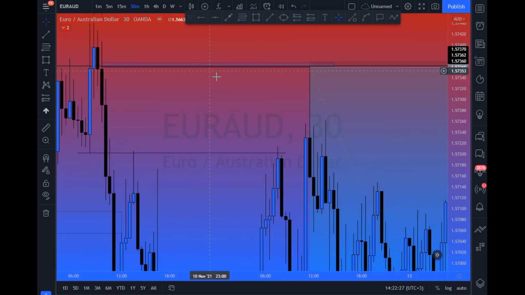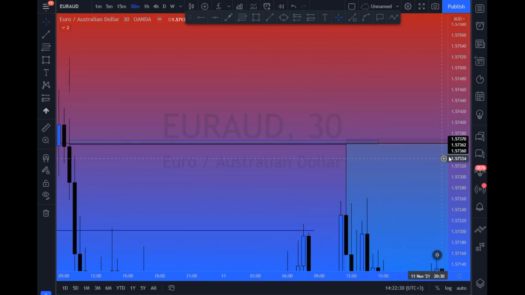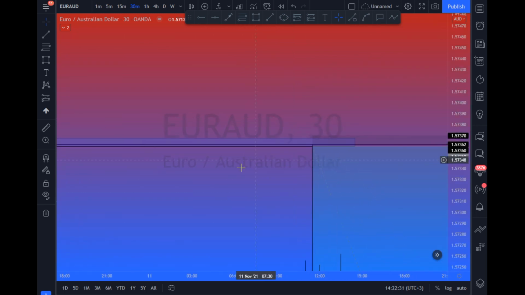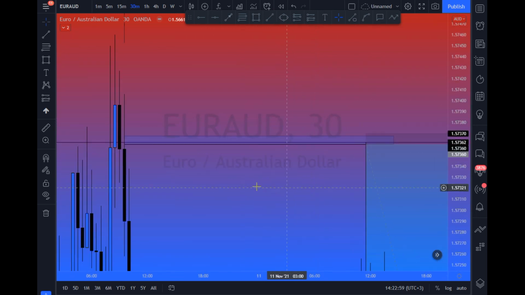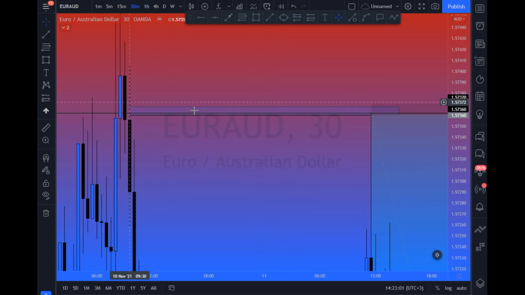So this is how you snipe these trades. This is just how you snipe them.